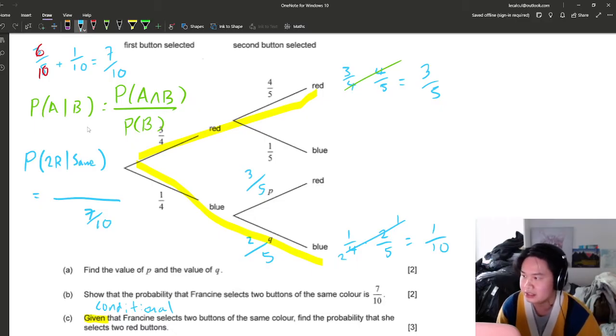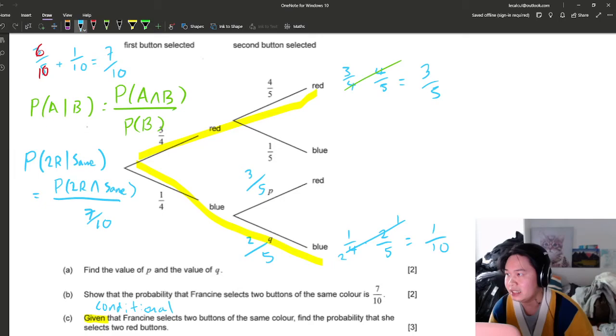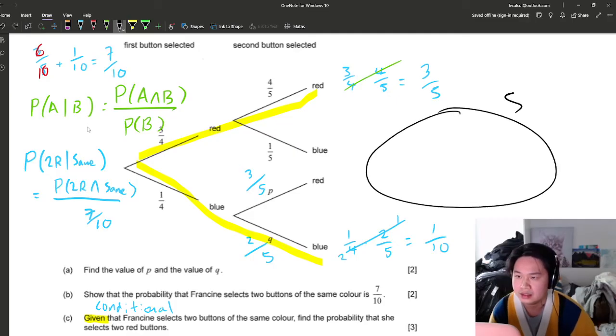And now we need to find the probability that you have 2 red and, in intersection, the two buttons are the same color. This is a common type of question with conditional probability.